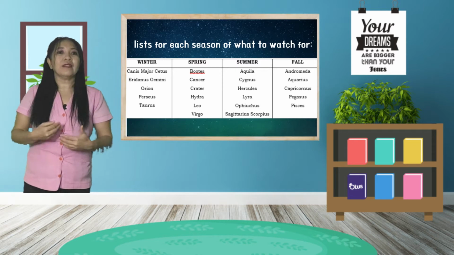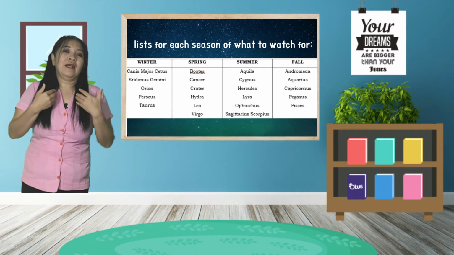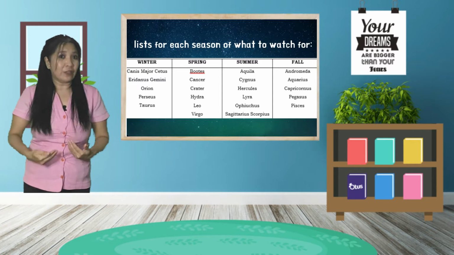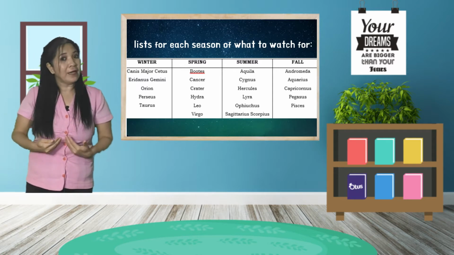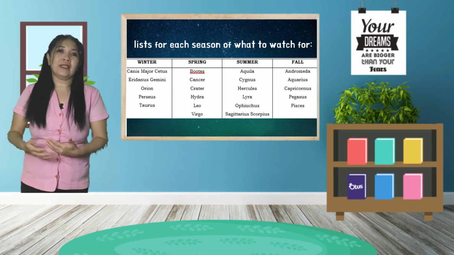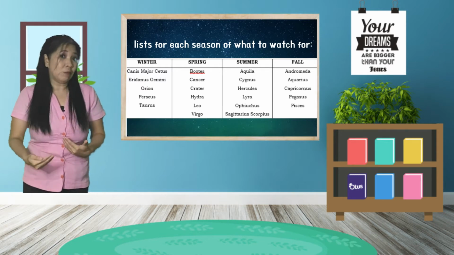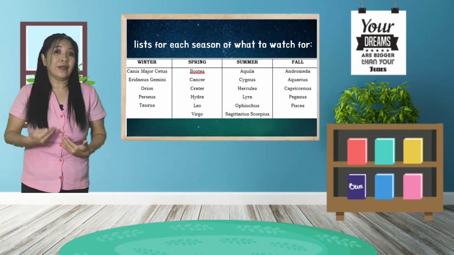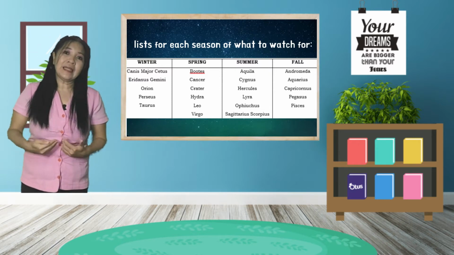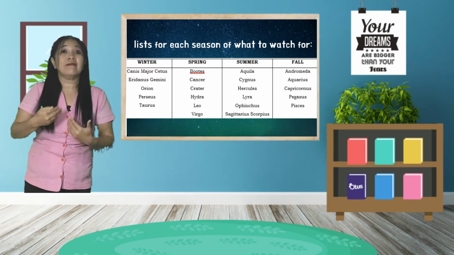During the winter season, the constellations that can be seen are the Canis Major, the Cetus, the Eridanus, the Gemini, the Orion, the Perseus, and the Taurus. During the spring season, they are Bootes, Cancer, Crater, Hydra, Leo, and Virgo, while during summer, Aquila, Cygnus, Hercules, Lyra, Ophiuchus, Sagittarius, and the Scorpius can be seen.